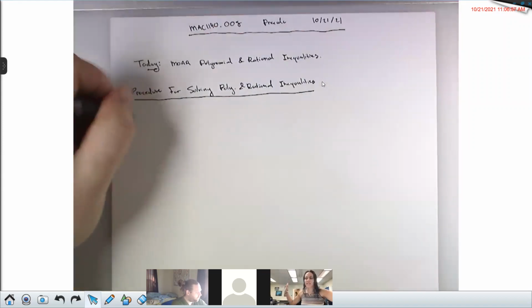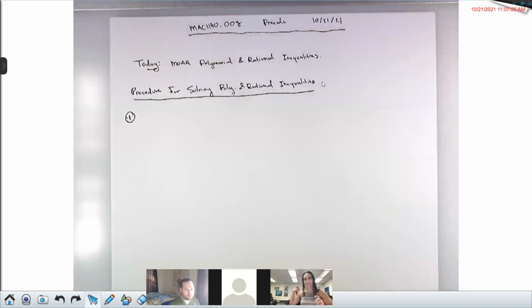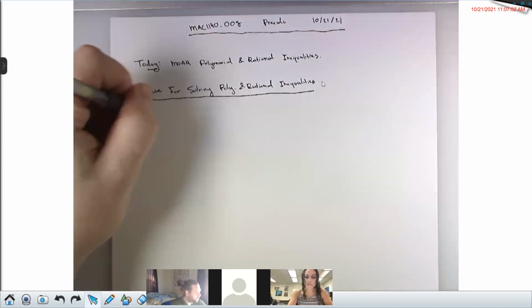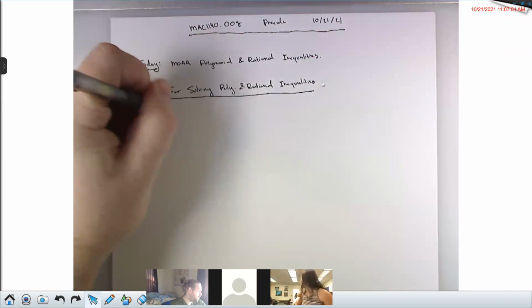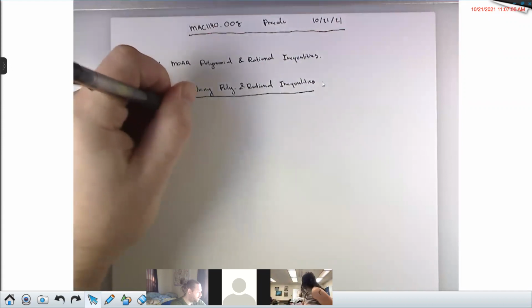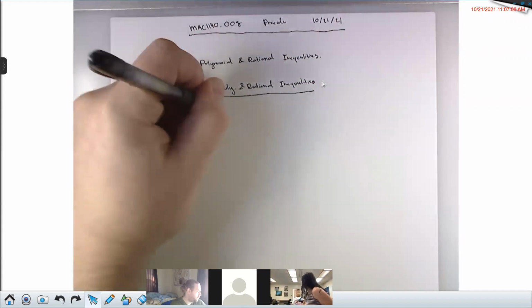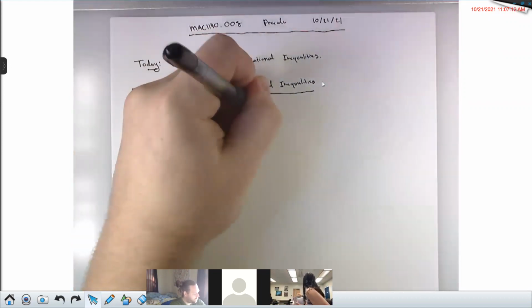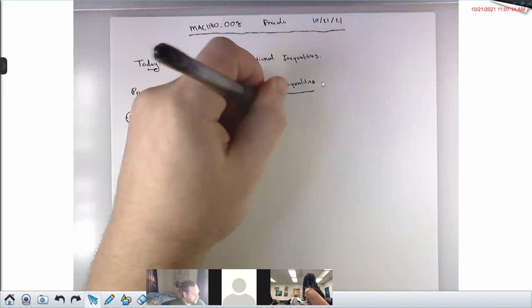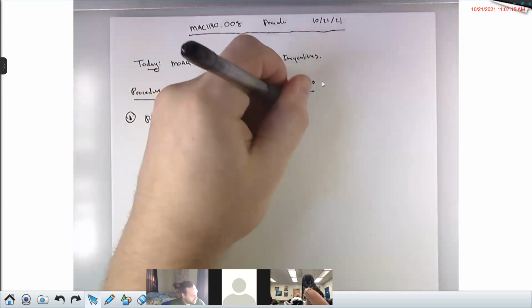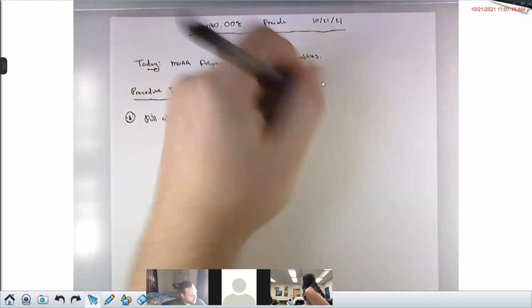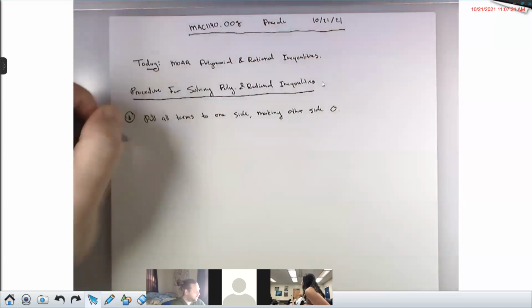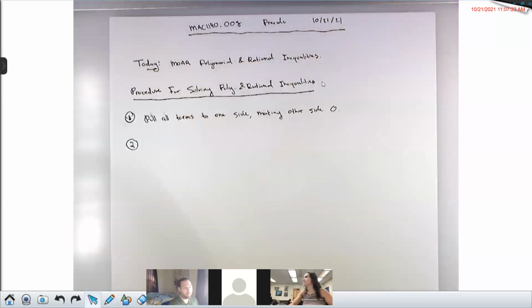So your first step is to pull everything to one side, which makes the other side 0. Then, if you have rational functions, you need to worry about this next step.